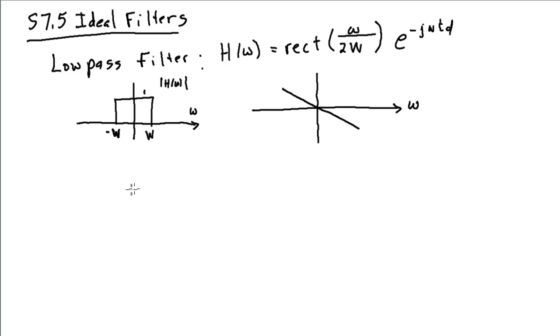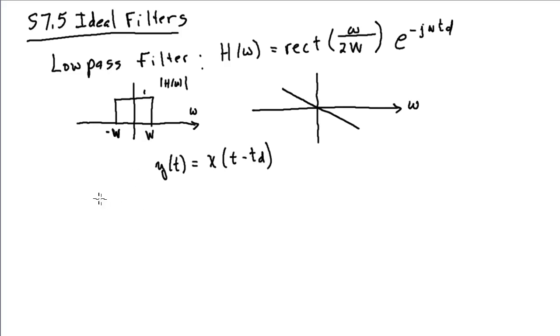So again, if the bandwidth of x of t is less than W, we know from our work with distortionless systems that the output will just be a delayed version of the input.